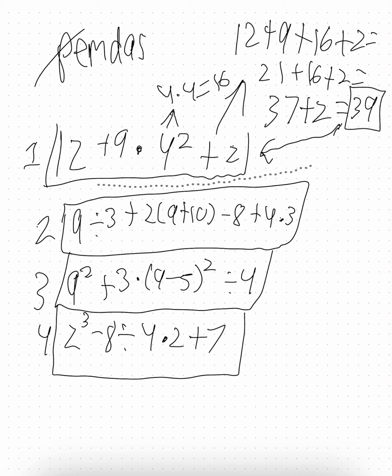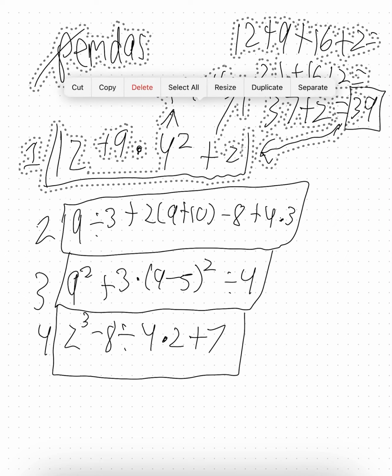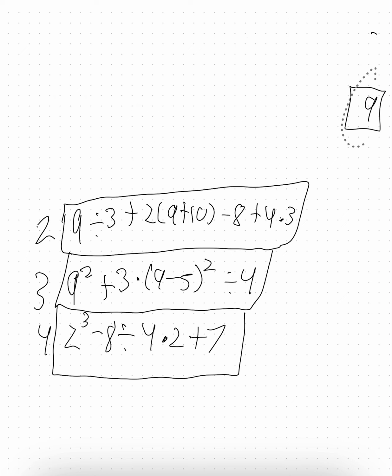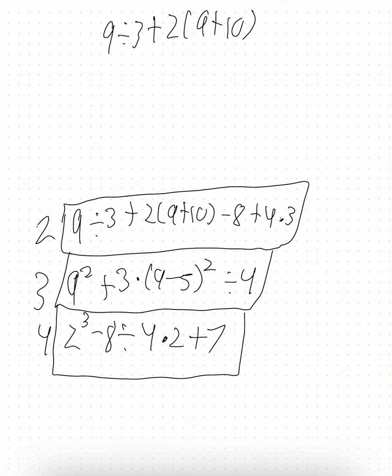So I'll get all of this off the board. Now we'll do the second one. 9 divided by 3 plus 2 times 9 plus 10 minus 8 plus 4 times 3. Now let's look at the problem.